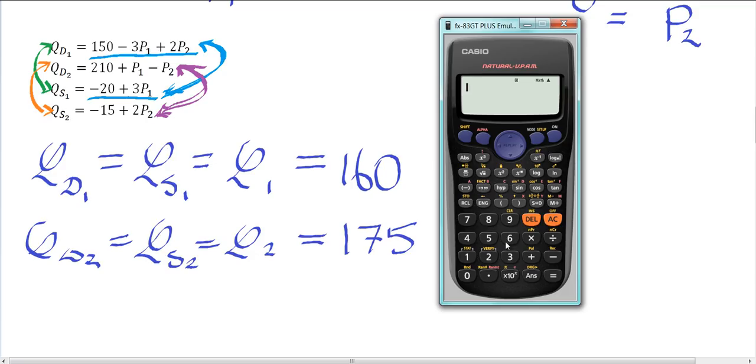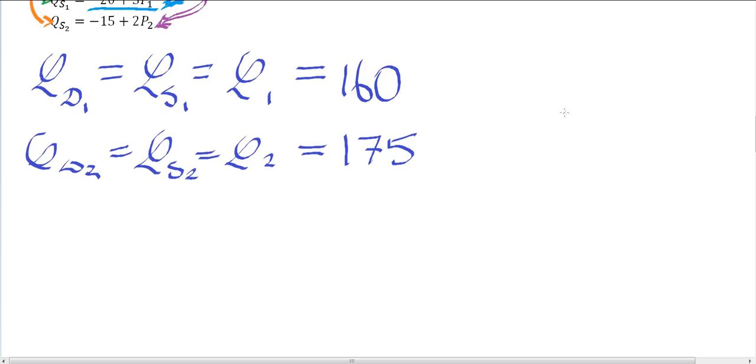So I'll just double check by subbing it into the top purple equation, plus X minus the Y, P1 minus P2, and that was 175. And that's a confirmation that I have my answers correct. Okay, and just don't be afraid always to give a nice final answer.